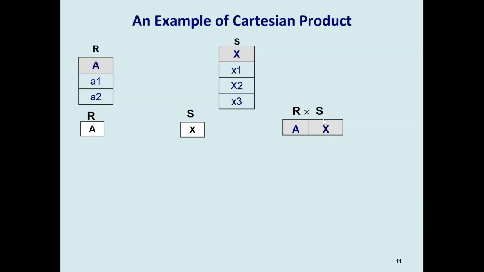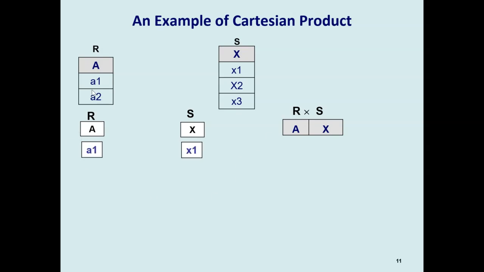For this new relation, the Cartesian product result's schema is basically just combining the attributes of R with the attributes of S. You know, it's very easy.